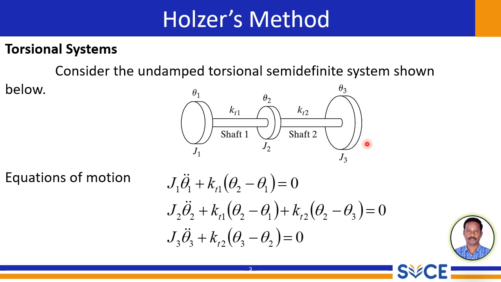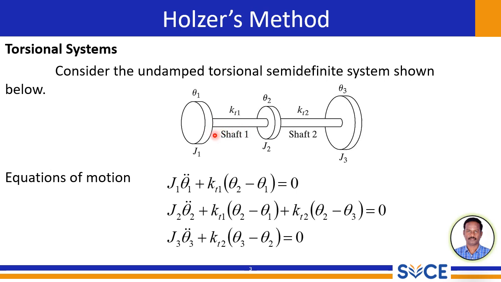For this shaft with 3 discs, the equation of motion can be derived using the same Newton's law. We have already seen in the first unit as well as in the second unit how to derive the equation of motion when there is a force acting on a system. So I am just recalling it. There should be an inertia torque and it is going to be an opposing torque.